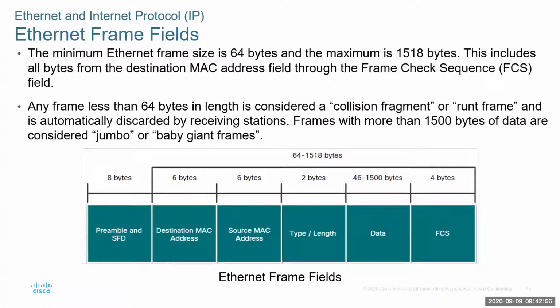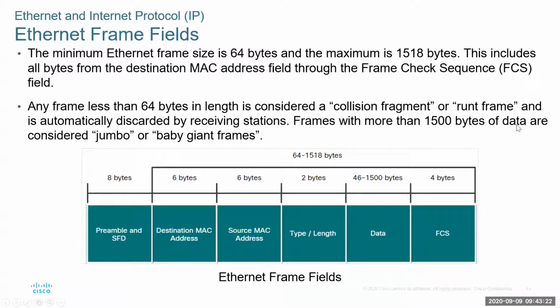All right, so Ethernet frame headers, you should be familiar with this. You will get quizzed over this section, I'm sure. You'll have your preamble that will come in here. Again, this is going to get covered in more detail inside the curriculum. This is your first 8 bytes, and then you have this section here, which is your 64-byte section. Anything less than this is going to be considered a fragment, and therefore it's going to be discarded by most sessions.